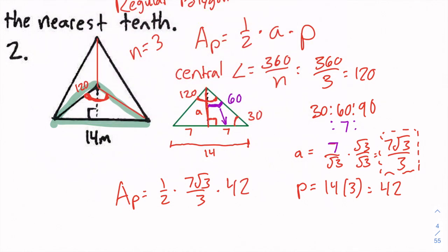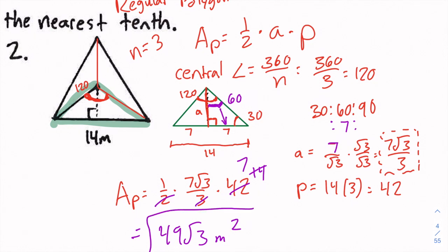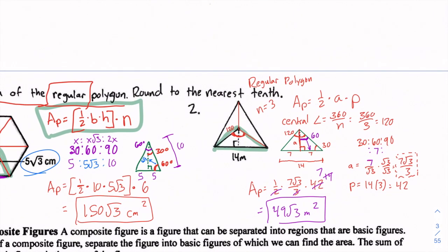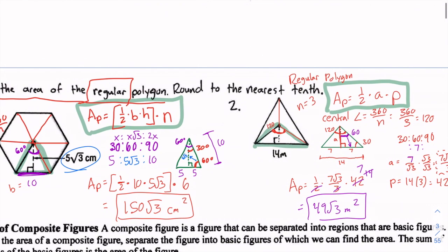Do a little math magic here. 3 and 42 is 14. 2 and 14 just becomes 7. So nicely enough, this is just 49 over radical 3 meters squared. Boom. There's 2 examples right there, each using this specific formula.